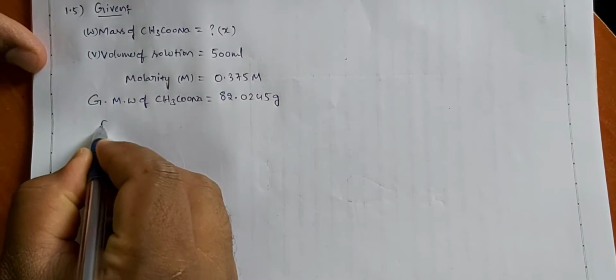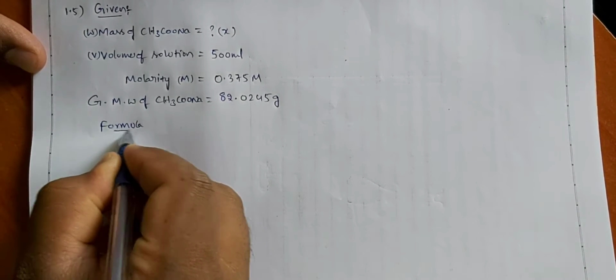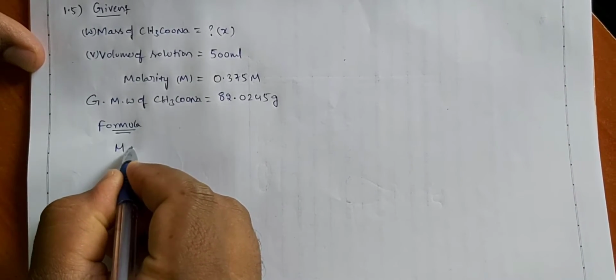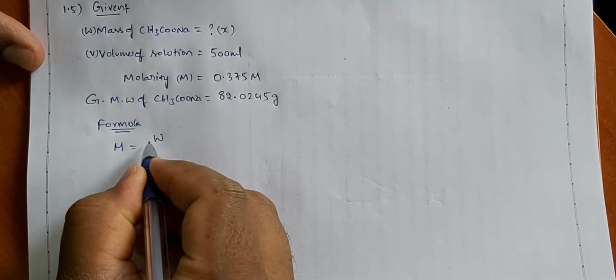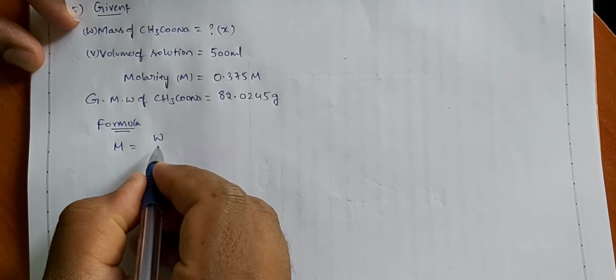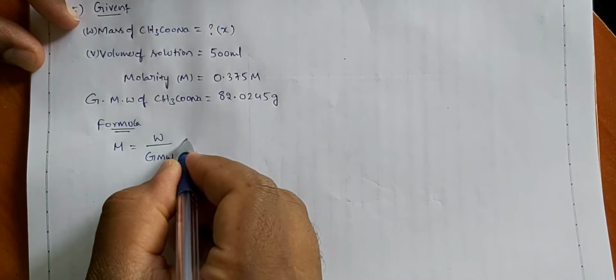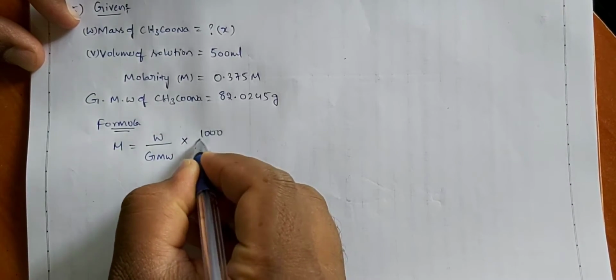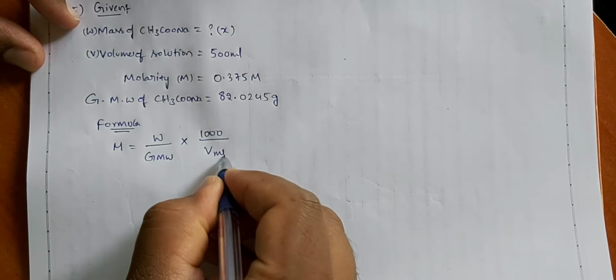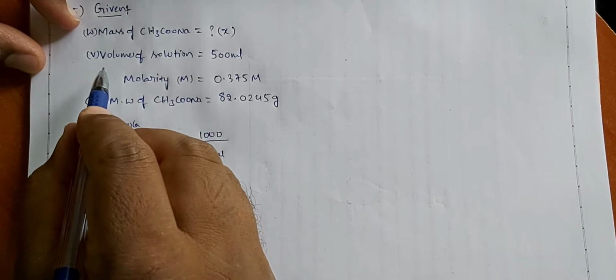The formula related to this given data is molarity M is equal to given weight or mass of CH3COONa divided by gram molecular weight of CH3COONa into 1000 by volume in milliliters. Because they gave the volume of solution in milliliters, that's why we need to consider 1000 by volume in milliliters.